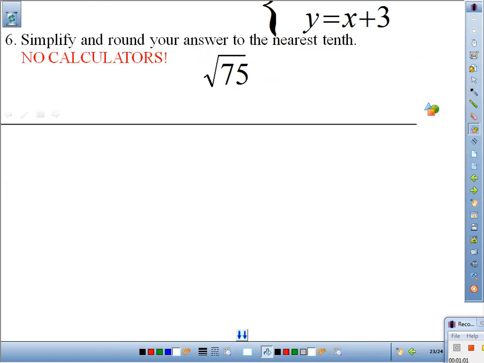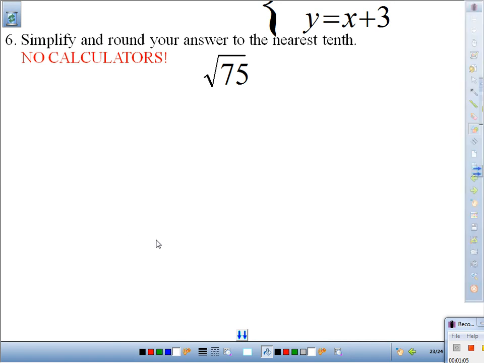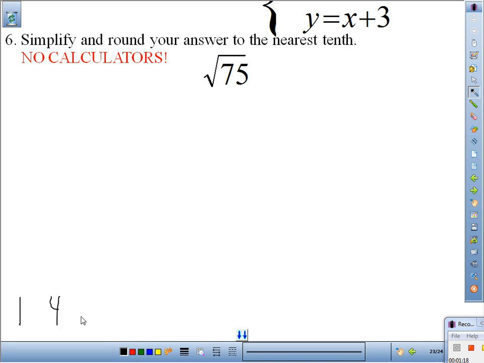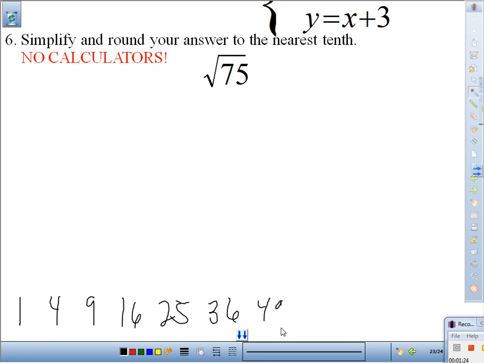All right, so by now, guys, these with radicals you should be able to do, but here goes the process one more time. When you get to one that is not a perfect square number, what does that mean, Mr. Q? That it's not one of these: 1 times 1 is 1, 2 times 2 is 4, 3 times 3 is 9, 4 times 4 is 16, 5 times 5 is 25, 36, 49, 64, 81, 100, 121, and so on.